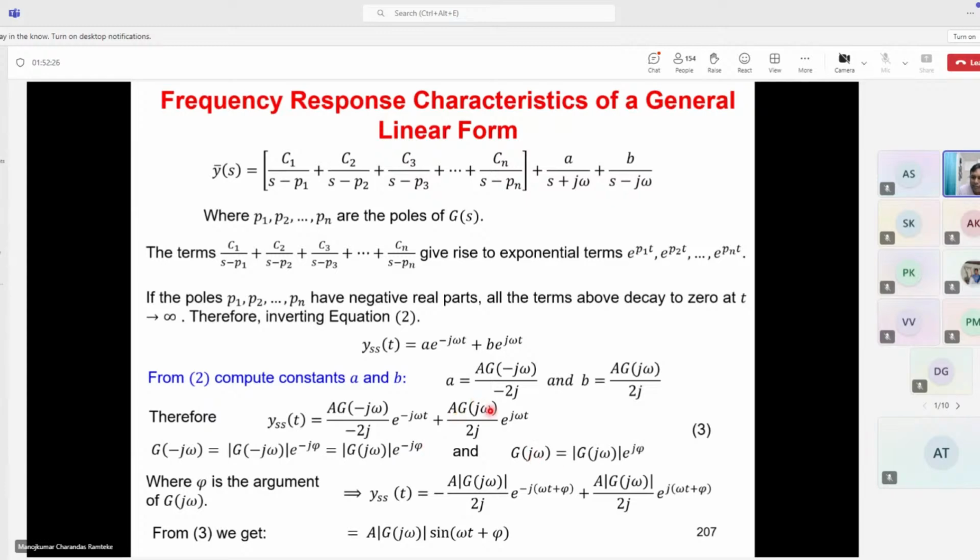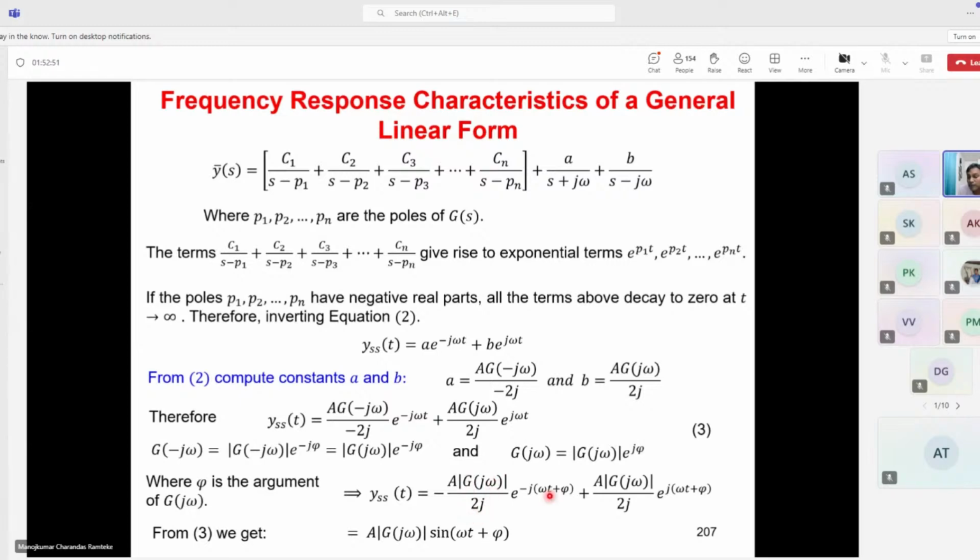Similarly, this G of j omega can be represented as the magnitude of G of j omega into e raised to the power j phi. And this again I am going to put in this original equation, and I can take this magnitude term common. If we take the magnitude of G of j omega common here, what we are left with is A into the rest.